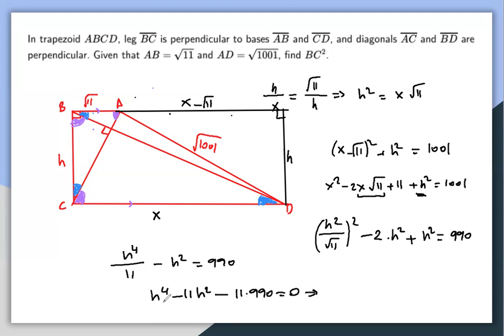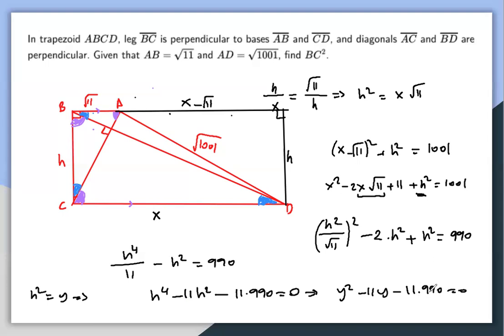If I let h squared equal y, you end up getting y squared minus 11y minus 11 times 990. I don't want to multiply, because if I can factor this, I will try factoring. So I'd like to find two numbers that have a difference of 11, and when I multiply, I should get negative 11 times this number.